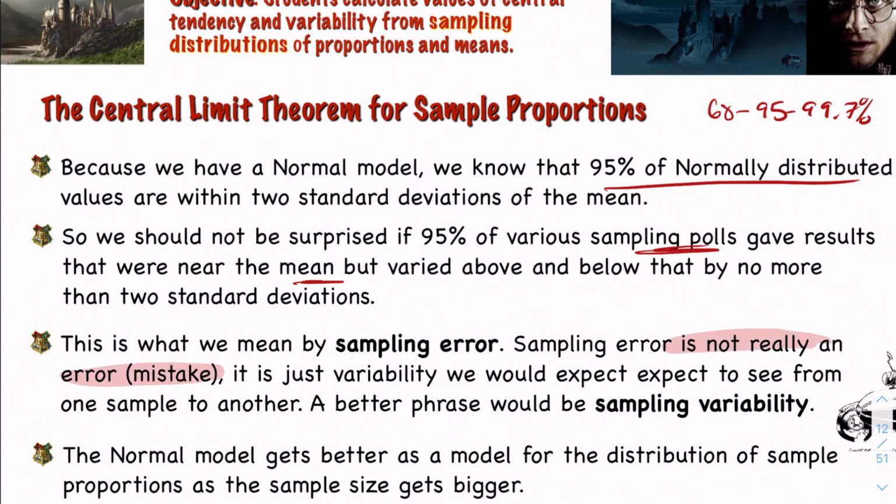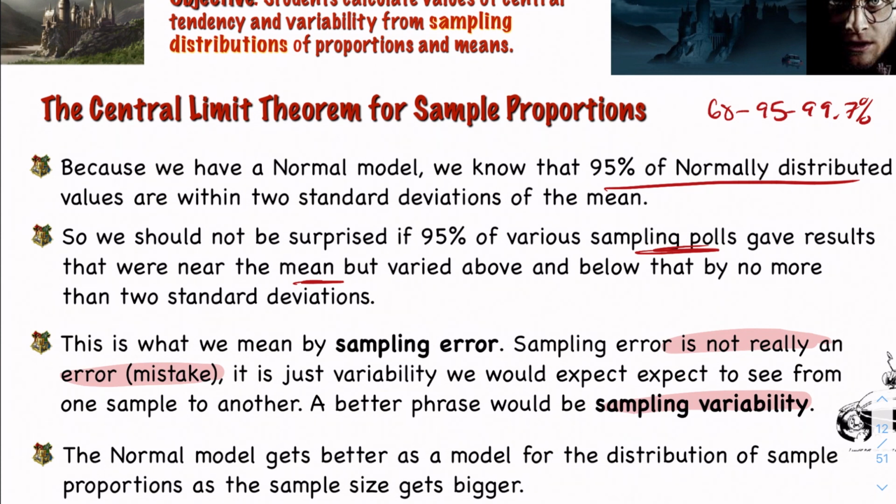It's just the variability we would expect to see from one sample to another. So a better phrase for standard error is sampling variability. And when you see that word variability, you should think standard deviation, how far you're away from the mean or the true population proportion. How many people support the president? If we ask enough people, we can find the true mean with a little bit of variability.